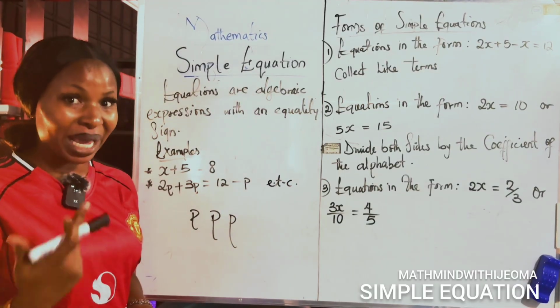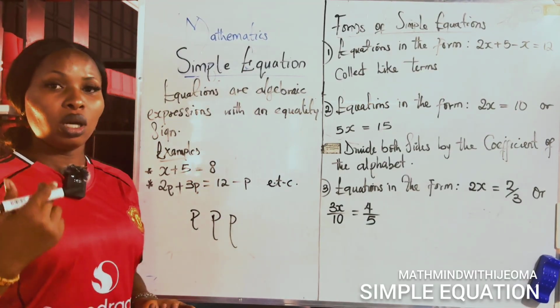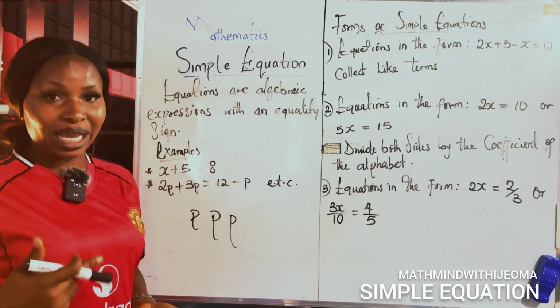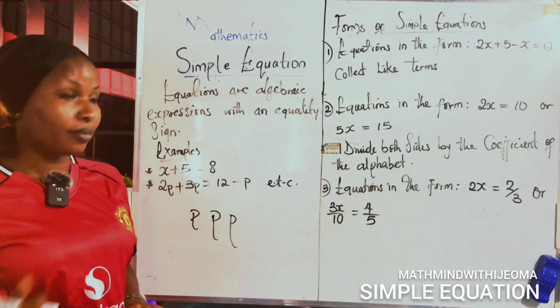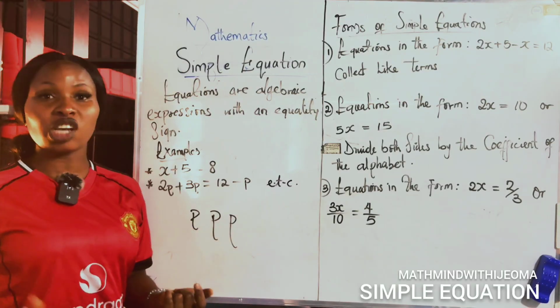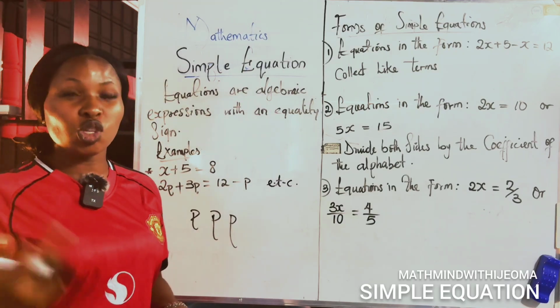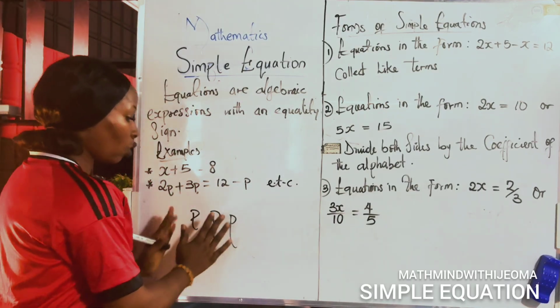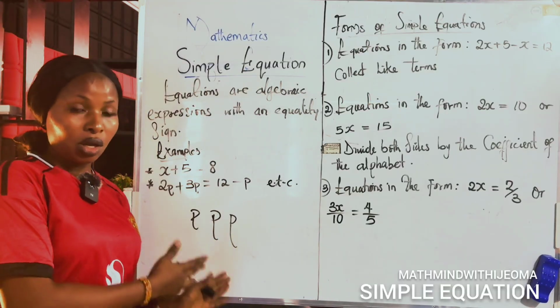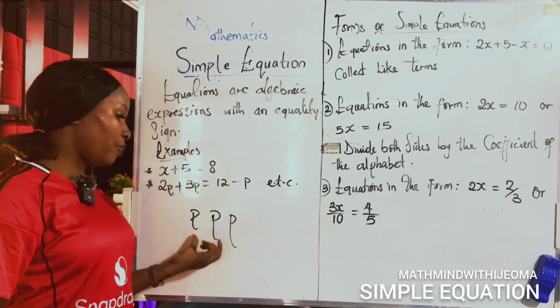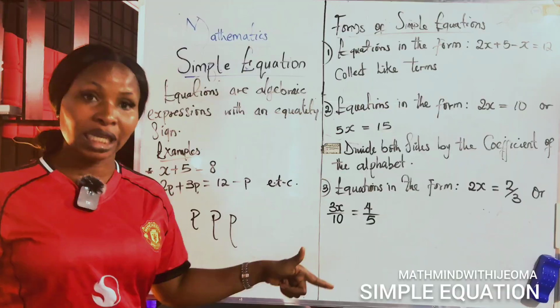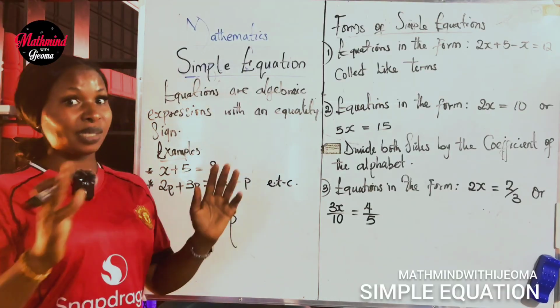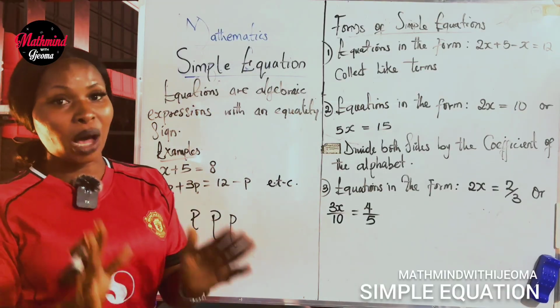Addition of alphabets gives you an increment of the alphabet, but multiplication of alphabets gives you powers of the alphabet. Now, in this case, we are talking about increments of the alphabet because p plus p plus p will give you 3p, while p times p times p will give you p raised to power 3.